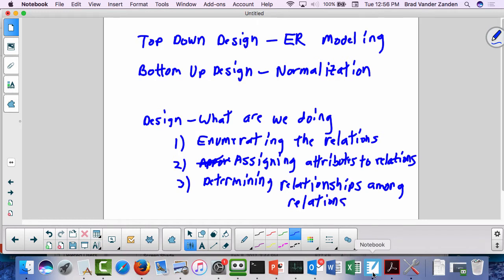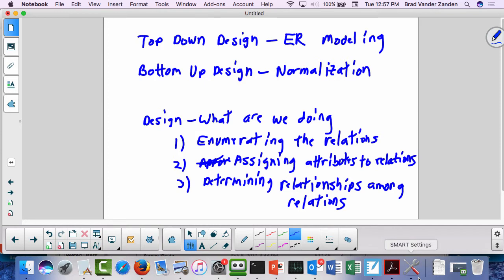So for example, a relationship might be branch has staff, or a branch employs staff. That's a relationship between branch and staff. Or staff manages properties. So there are relationships between these relations.